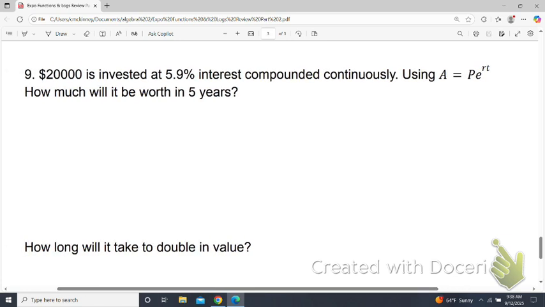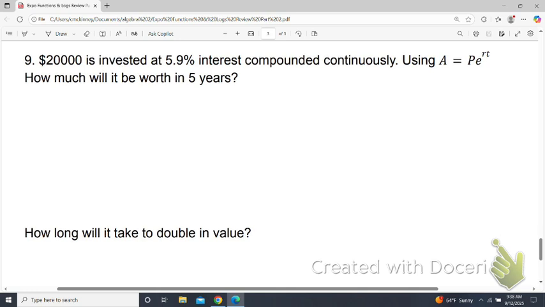On the first copies that I made of the review, I had not included this formula. It will be included on the quiz. All right, so this is talking about continuous compounding. So continuous compounding, it also goes along with natural logs, because how do I know it goes along with natural logs?